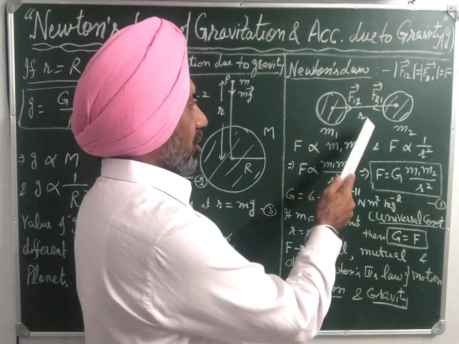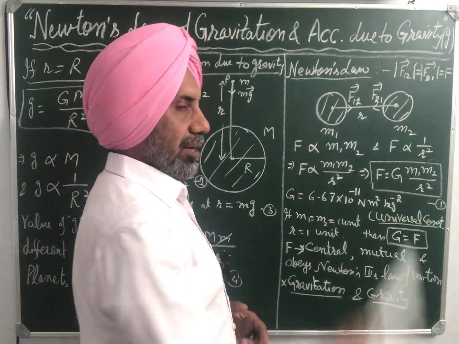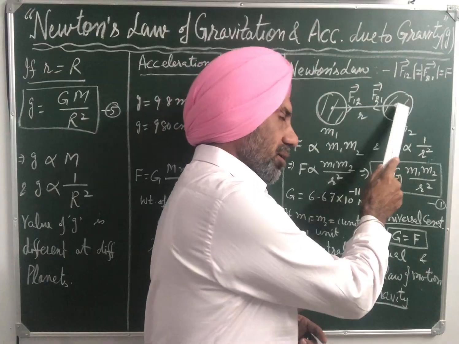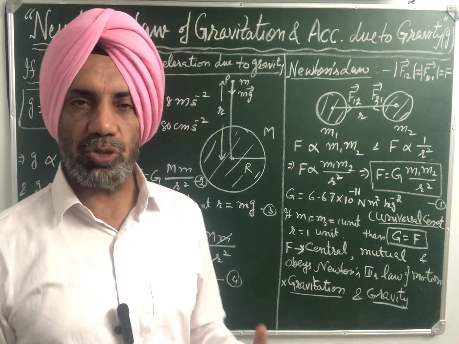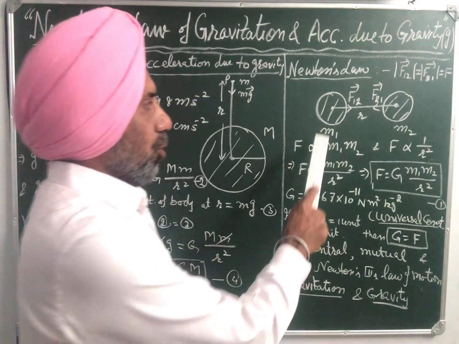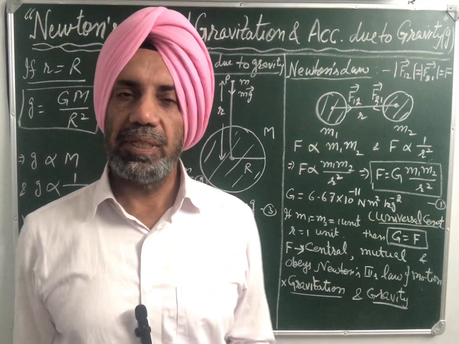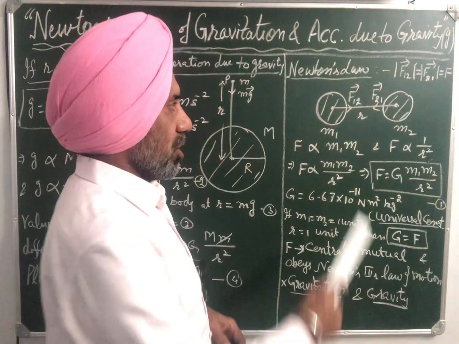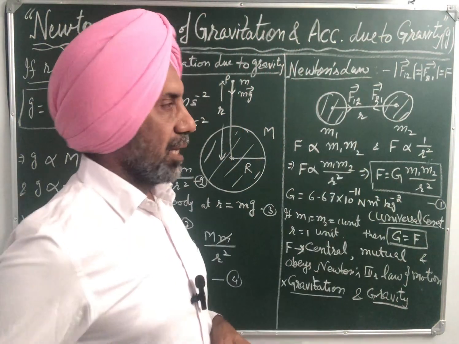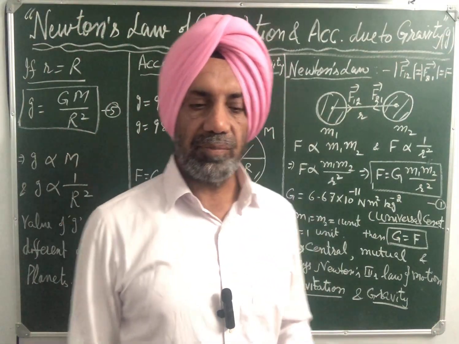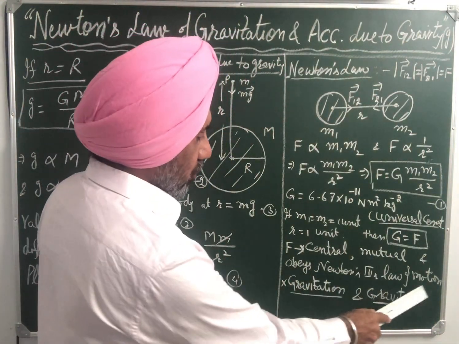Force exerted by a body of mass m2 on m1 is equal to force exerted by a body of mass m1 on m2. So this force is mutual, this force is central, and it obeys Newton's third law of motion. That is F12 is equal to minus F21.